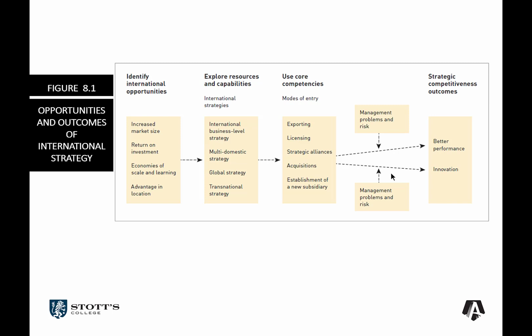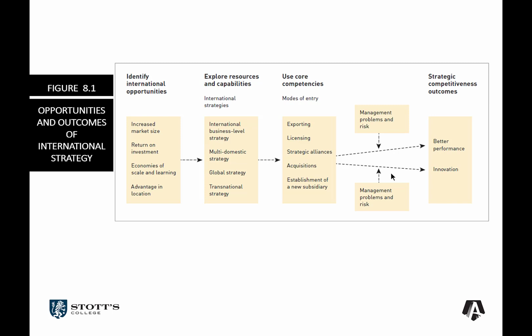To do that, they need to exploit their resources and capabilities to create core competencies. They can exploit their resources and capabilities at international business level strategy based on the business level strategy that they're currently pursuing in the domestic market.